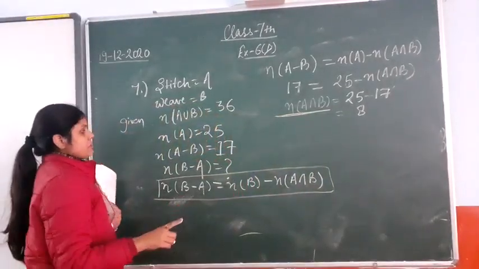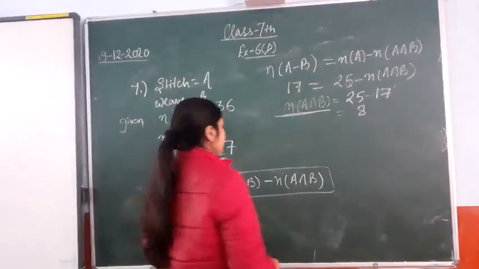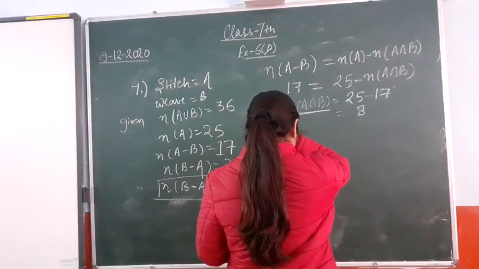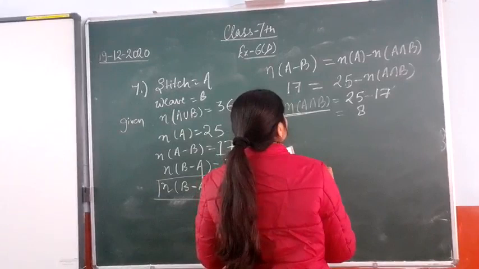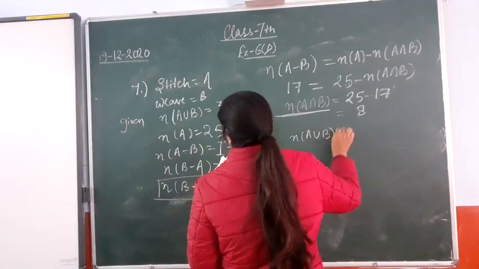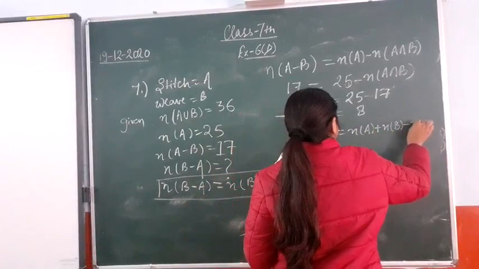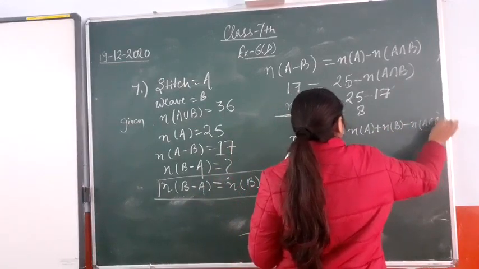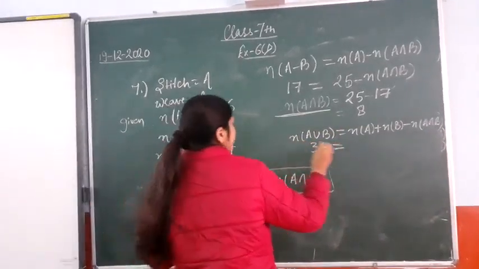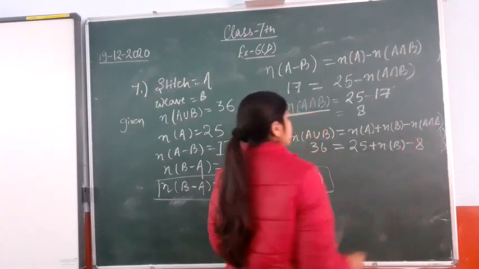Now still your purpose is not sorted out. We have to take out the value of n(B) as well. So now what will we do? How will we take out the value of n(B)? n(A union B) is equal to n(A) plus n(B) minus n(A intersection B). A union B value is given 36 and n(A) is given 25. n(B) we don't know and this is given as 8.